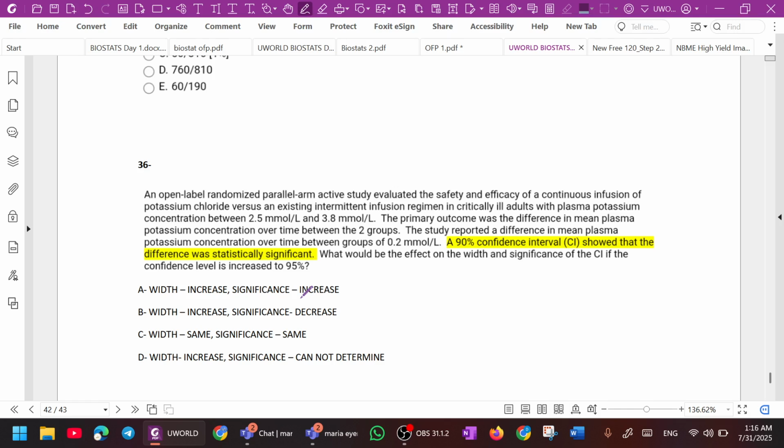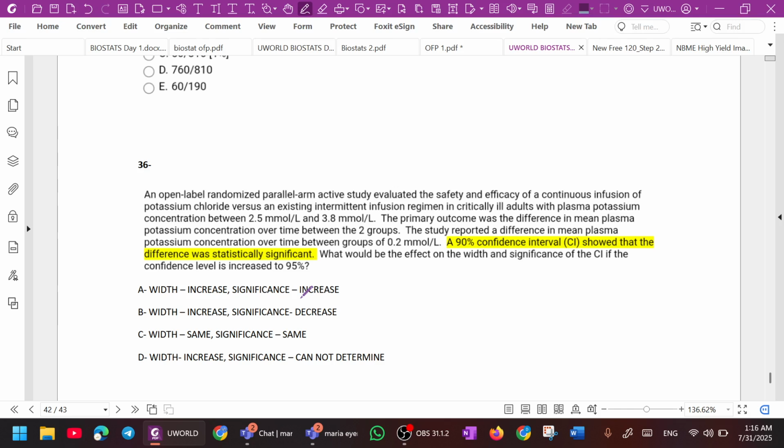The primary outcome was the difference in mean plasma potassium concentration over time between the two groups. The study recorded a difference of 0.2 millimole per liter. A 90% confidence interval showed that the difference was statistically significant.